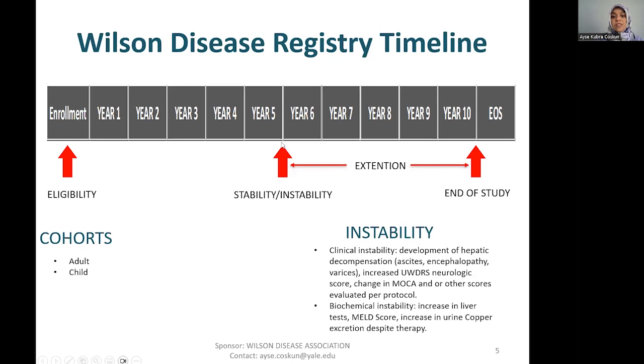At this point, there are two alternatives. If the patient is stable, annual follow-ups continue via only chart review. If the patient is not stable, based on clinical and biochemical findings, visits continue in person. At the end of the study, all patients return to the clinic for a final in-person visit.